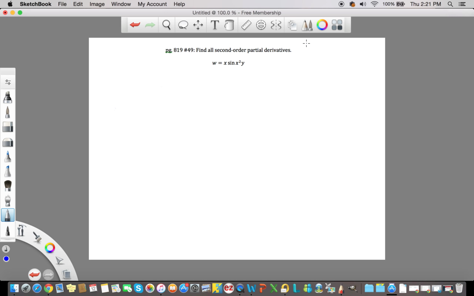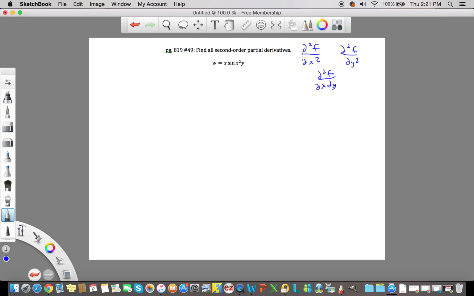What we're finding is d squared f over dx squared, d squared f over dy squared, and then it doesn't matter what order you write the bottom, I'm just going to put x first, so dx dy. Okay, so that's what we're finding.